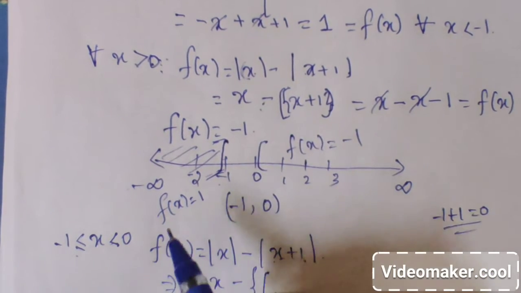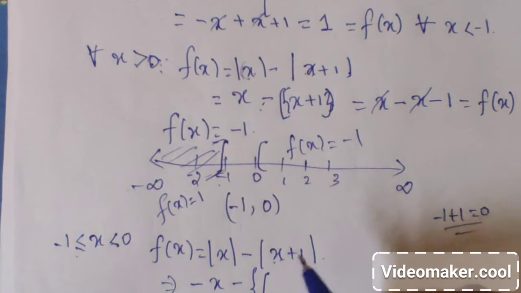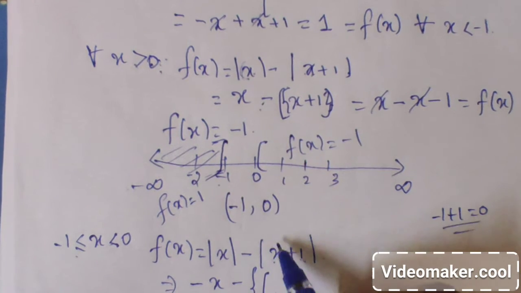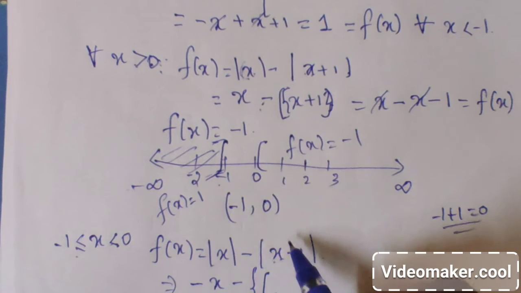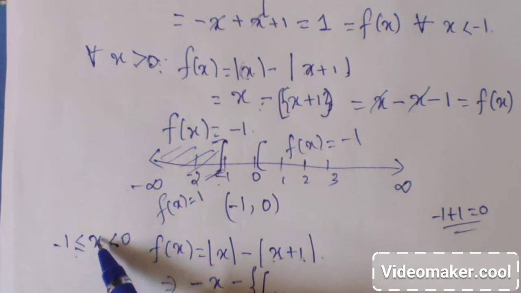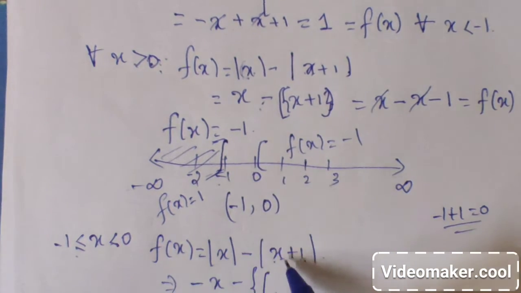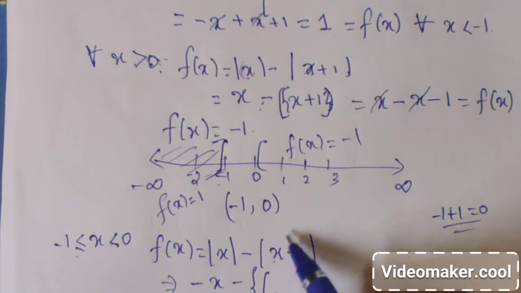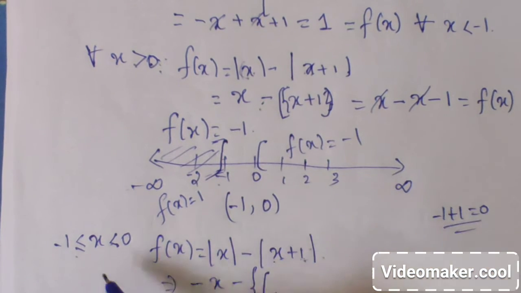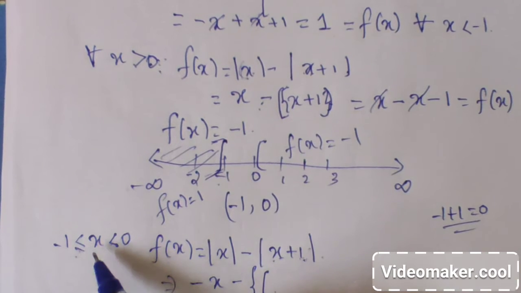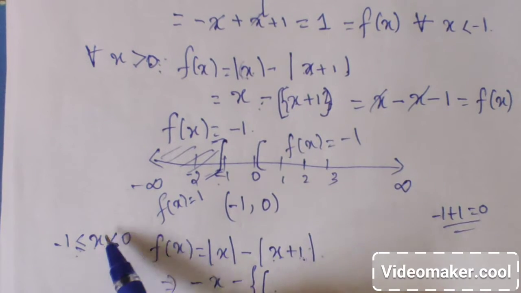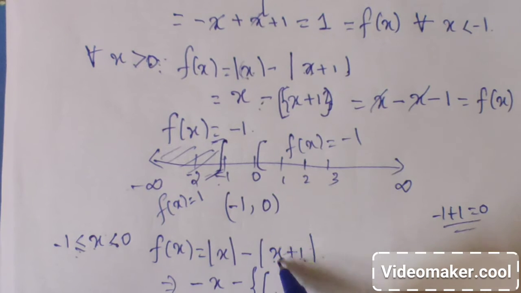If it is something like minus 1 by 2, minus 0.5, we will get a positive value. And even if the value is minus 0.1, minus 0.1 plus 1 will be a positive value. So for all x from this interval, the term is non-negative.